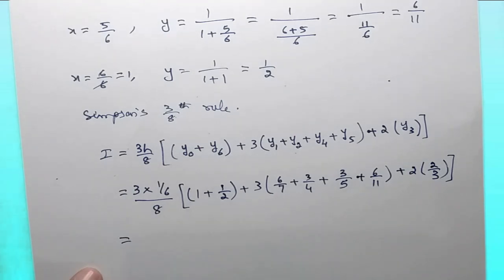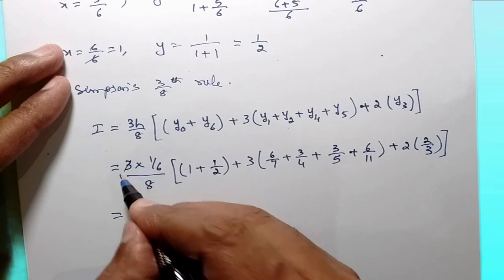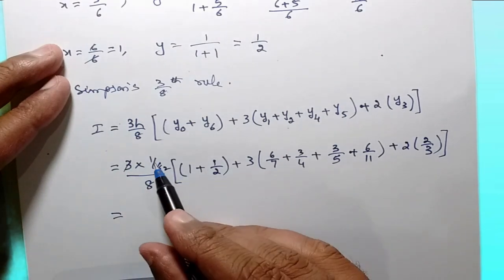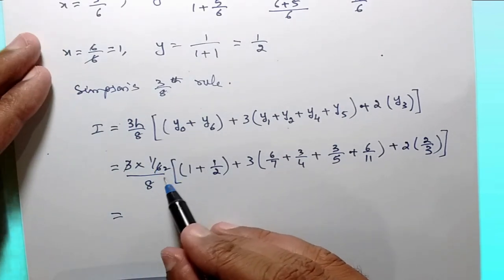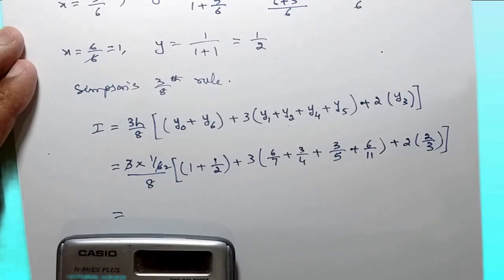We just use the calculator and evaluate this value. If you want, you can just cancel out this one, 3 one times, 3 two times. So 8 times of 2 will become 16. So 1 by 16 times of, you can evaluate.